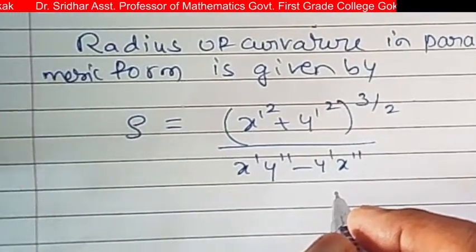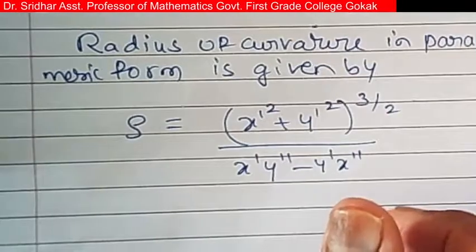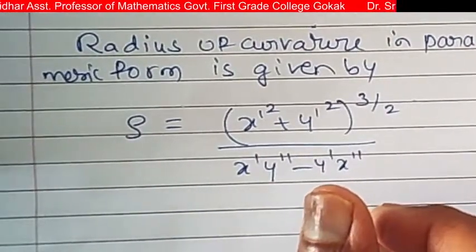Okay, so this is the formula for radius of curvature in parametric form.